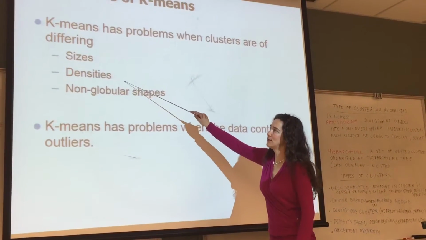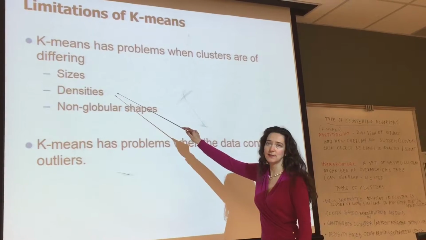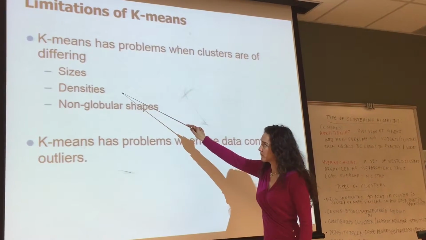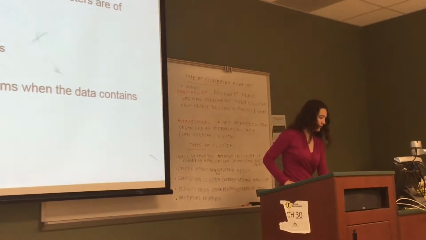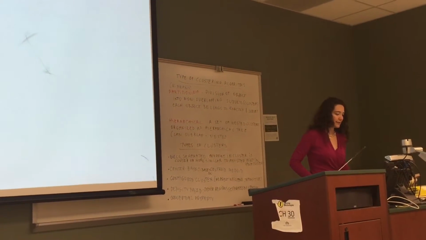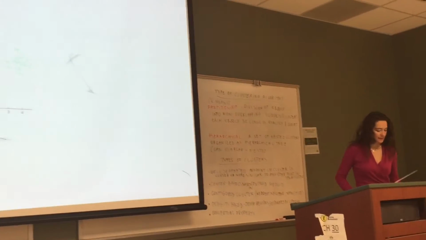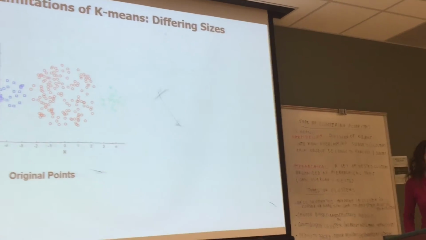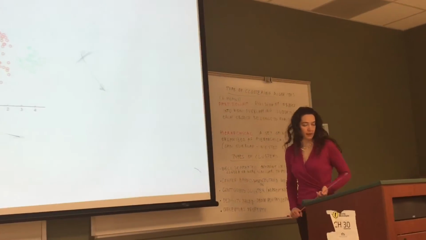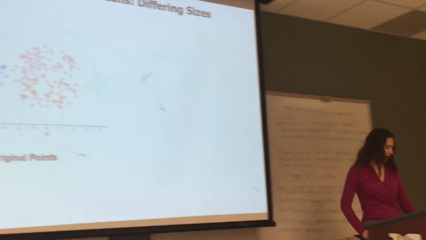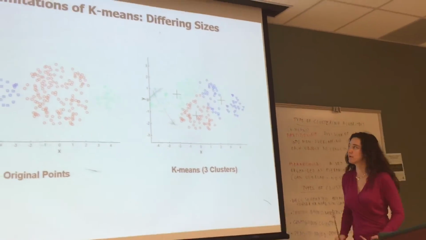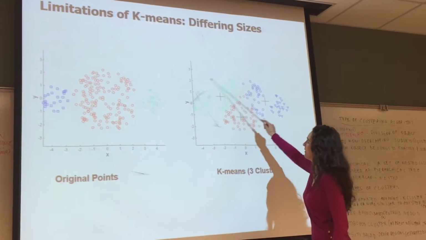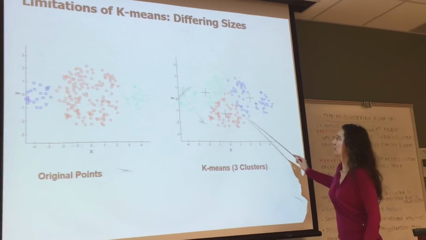Also, the density of the points affects this algorithm. And if we have clusters that do not look like circles, then this algorithm has a hard time computing them because it always bases its decision on the center, and it ends up with round looking shapes for that reason.